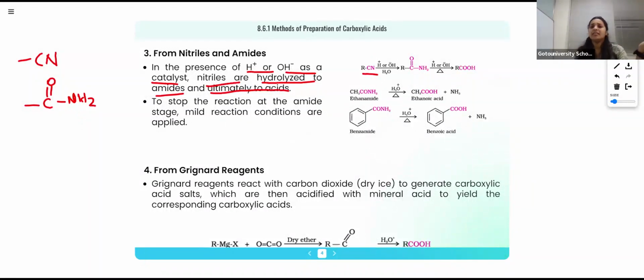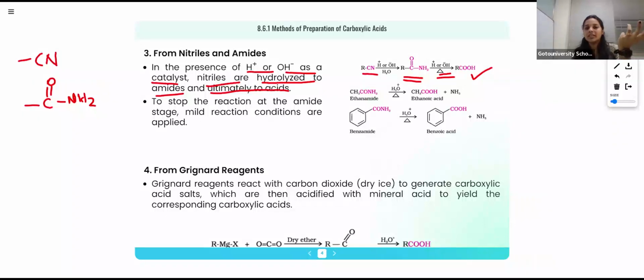Then it converts into RCONH2, which is an amide. Then this amide again reacts with the same H+ or OH- followed by heating. We will get carboxylic acid.